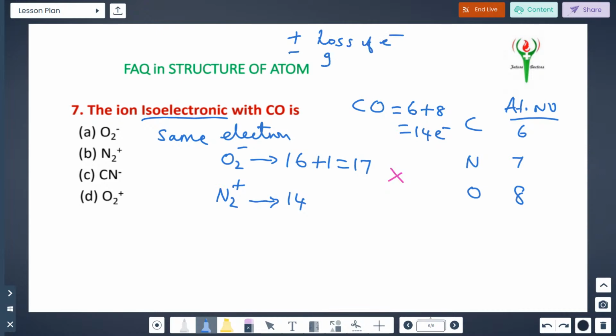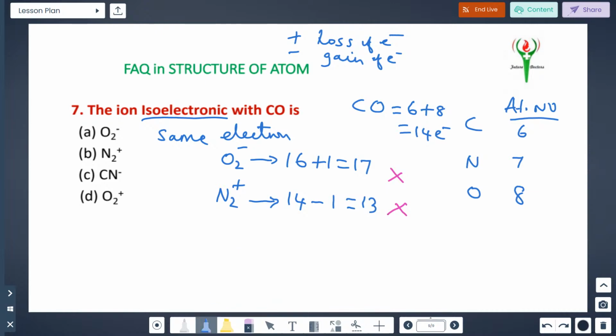Minus means gain of electron. Understood? So 1 plus, actually 14. 1 plus is there means we have to subtract 1. So we have 13 electrons only. Just compare this and this. Not same, no? So leave it. It should be same. Then only we can consider. Next one.